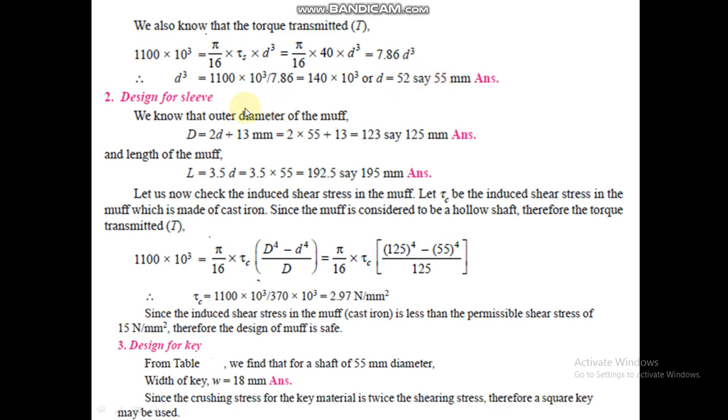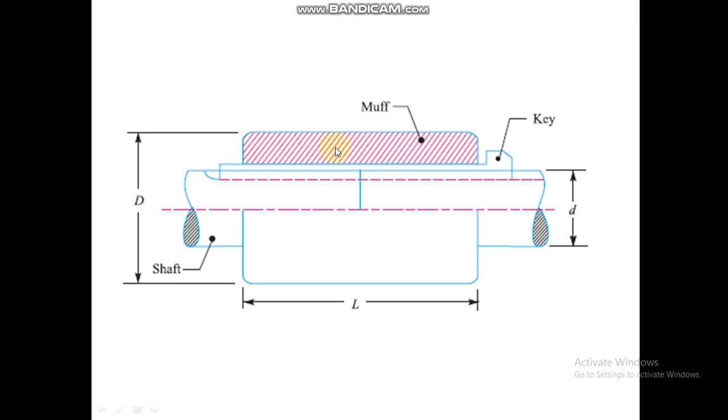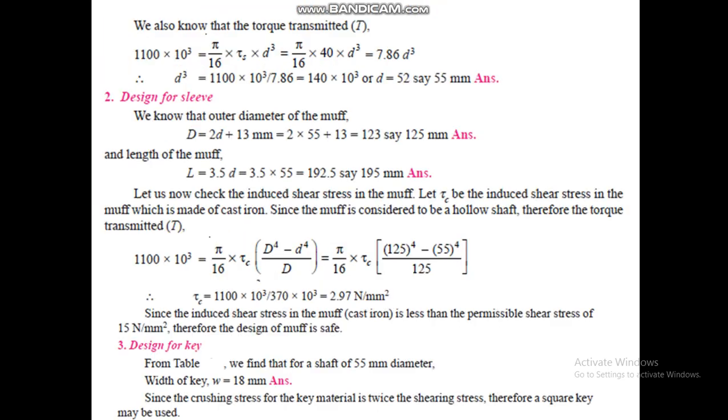Now, in the second step, you will do the design for the sleeve, meaning you have to find the dimensions of the muff. So this is your sleeve, or we can say muff. It is a hollow cylinder, and a hollow cylinder can be assumed as a hollow shaft. First of all, find the dimensions of the muff.